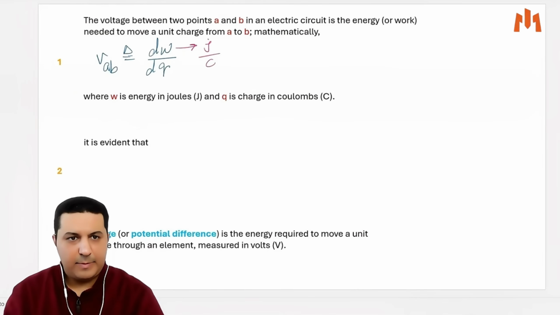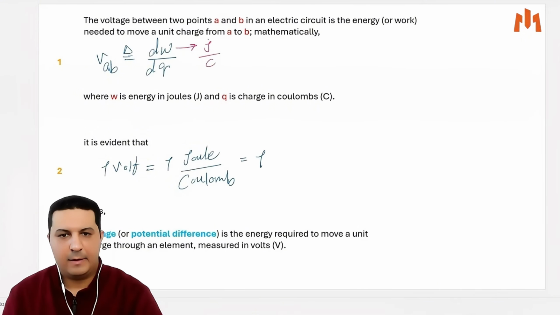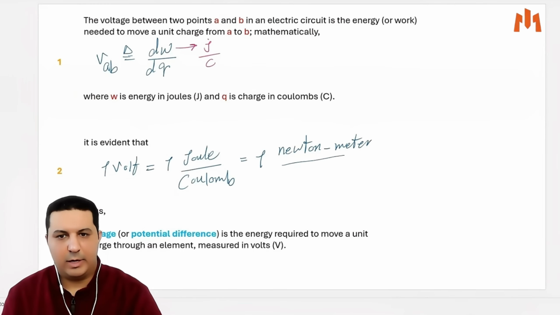So it means this. As you can write this one, it is 1 volt is equal to 1 joule per coulomb. And it shows this is 1 Newton meter divided by coulomb.